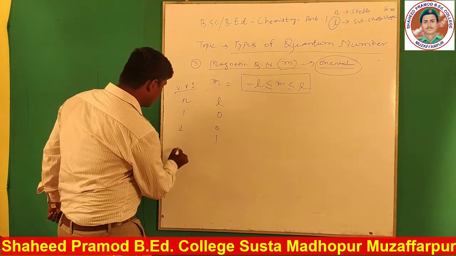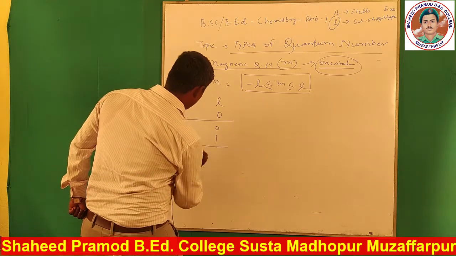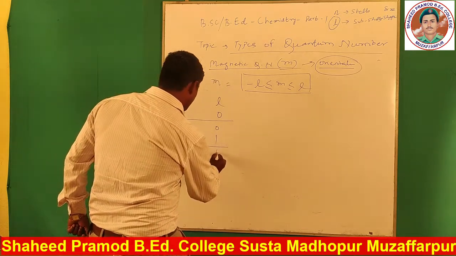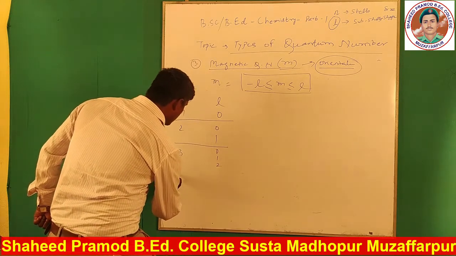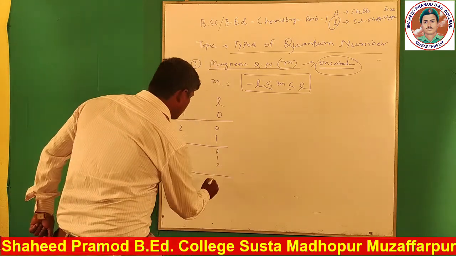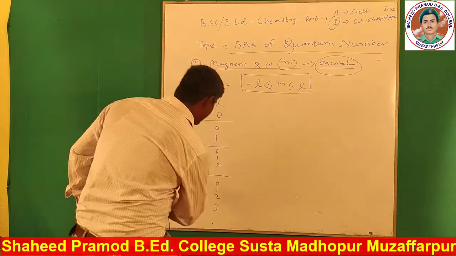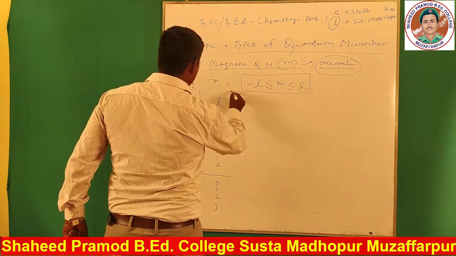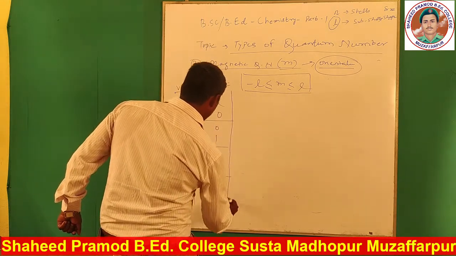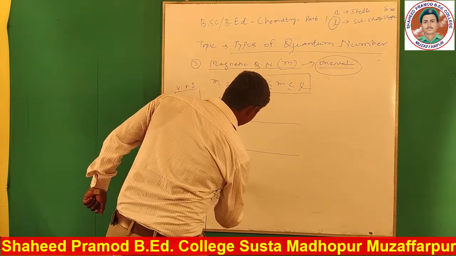For n is equal to 3, what will be the value of L? 0, 1, 2. And for n is equal to 4, the value of L will be 0, 1, 2 and 3. So this is the value of L with respect to principal quantum number 1, 2, 3 and 4.